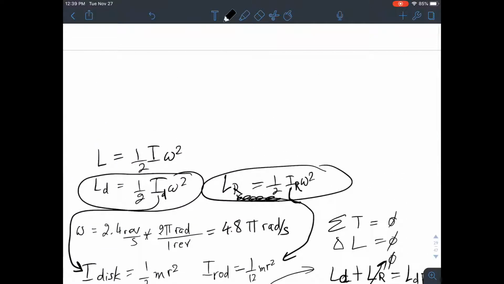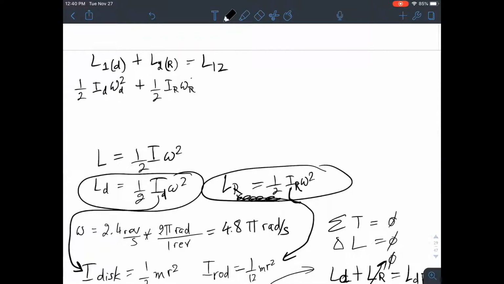Okay, with that in mind, we start over again. I'll call the disk number 1, and I'll call the rod number 2. And then I'll just say it's the sum of 1 and 2. So, this is 1/2 inertia of the disk times the angular speed of the disk squared, and 1/2 inertia of the rod and the angular speed of the rod squared.